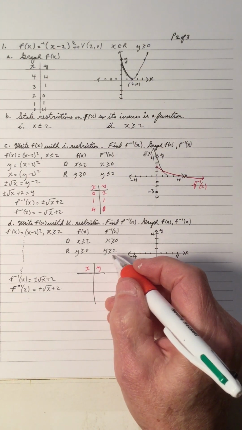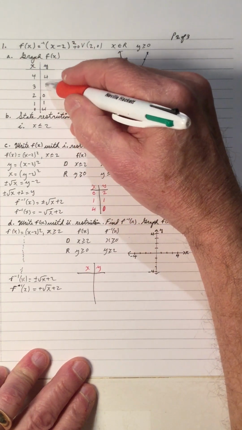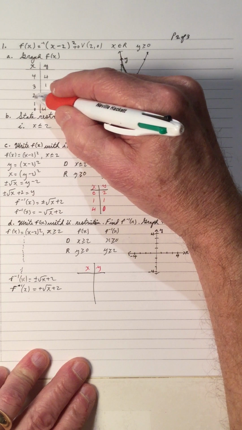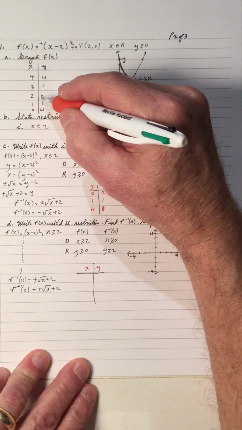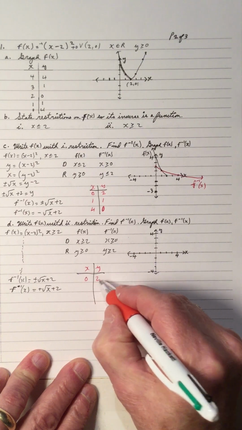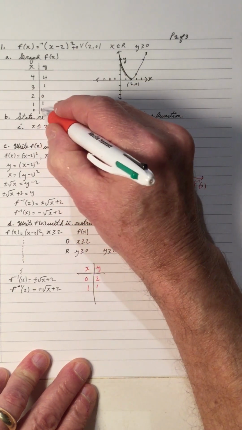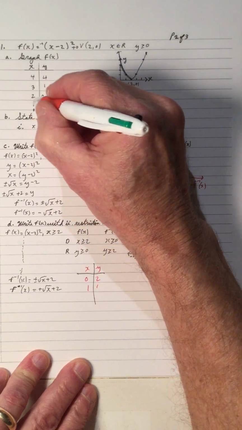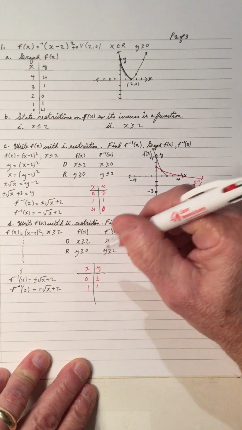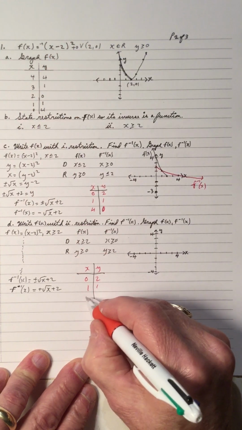The table of values, then, is reversing these. So 2, 0 becomes 0, 2, and 1, 1 becomes 1, 1, and 0, 4 becomes, I'm going up because we're looking at the y's greater than 2, so we pick up 4, 4.